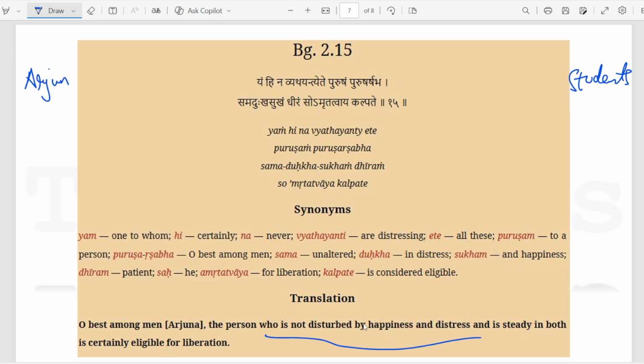Now, for our practical purpose, liberation does not need to mean something after this life is over, some afterlife thing. Eligibility for liberation also technically includes liberation in this very life, liberation from the various circumstances, including the anxiety that we feel associated with competitive exams.